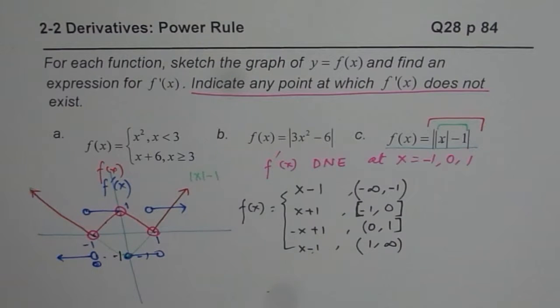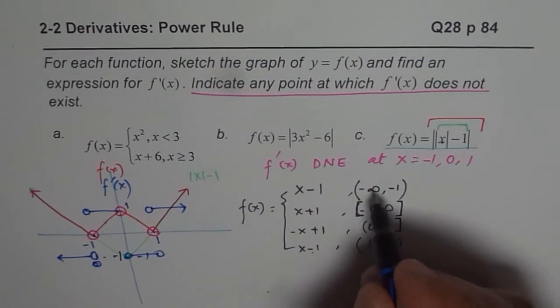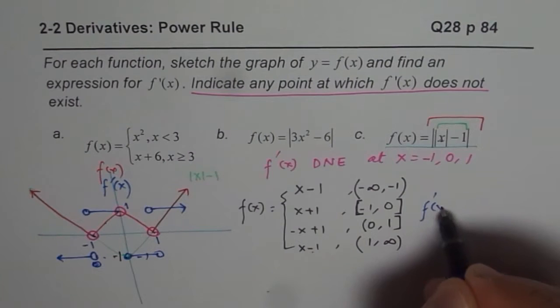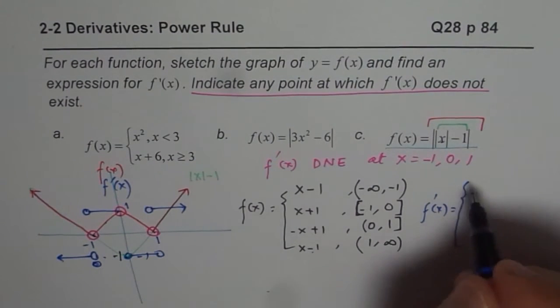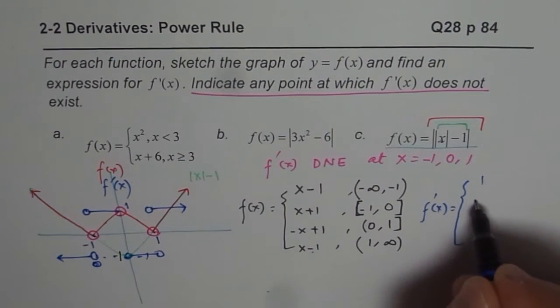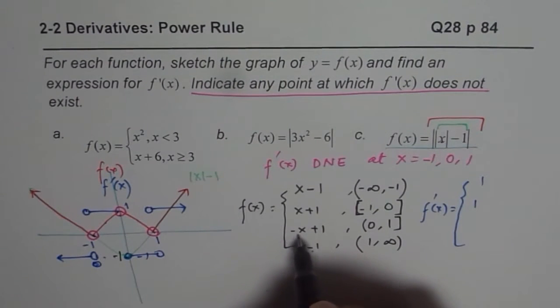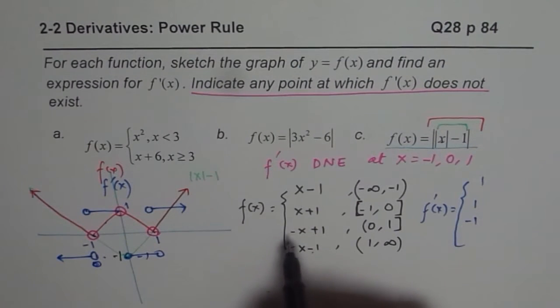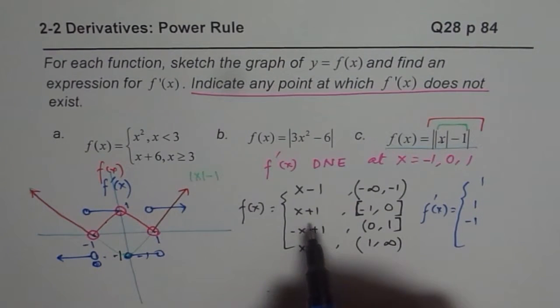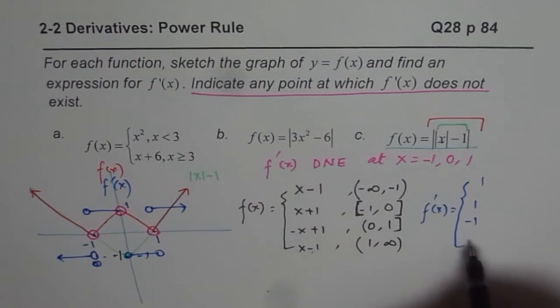As far as the derivative of this function goes, in these intervals, what is the derivative? We could have four derivatives. Here it is plus 1. Here again it is plus 1. Here we have minus 1. And in this part it is plus 1.